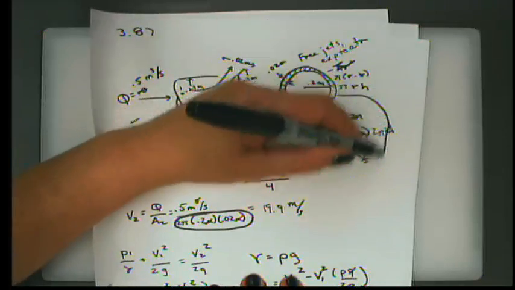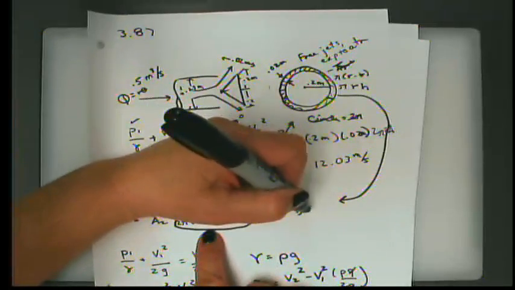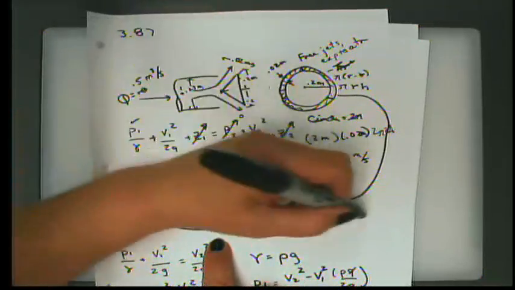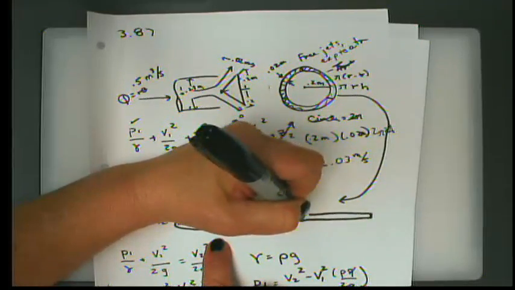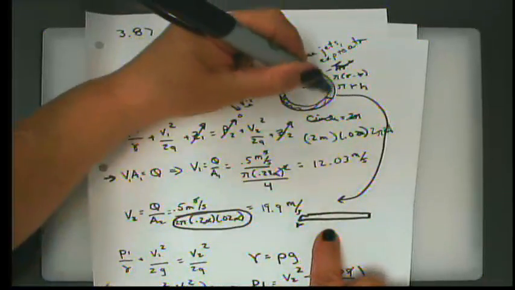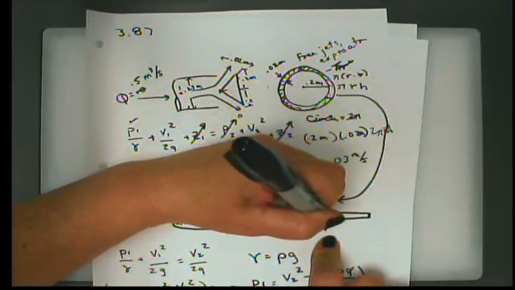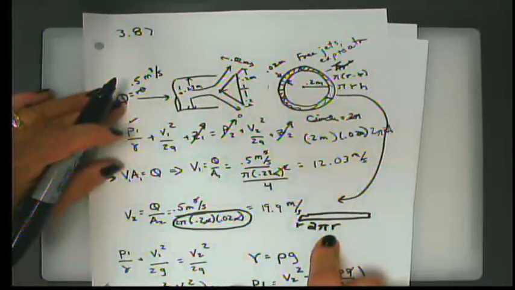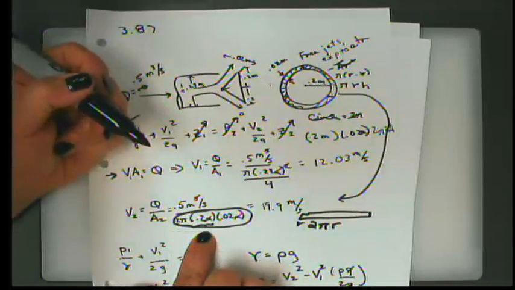So if we take this area that the water is squirting out around, what we find is that it is a very narrow rectangle where the length is actually the circumference of the circle, 2 times pi times r. That would be these terms.